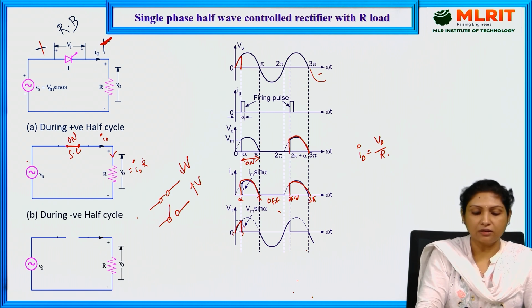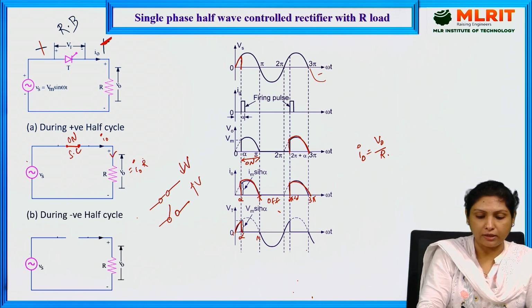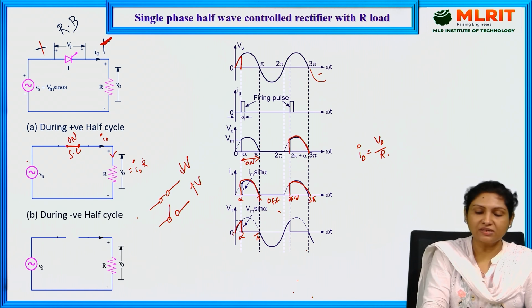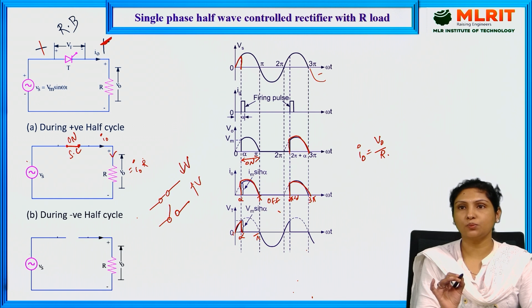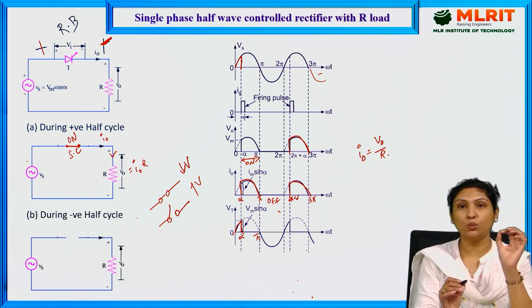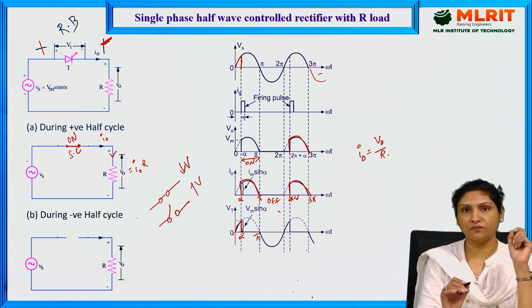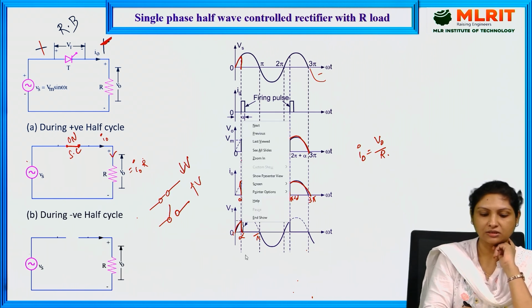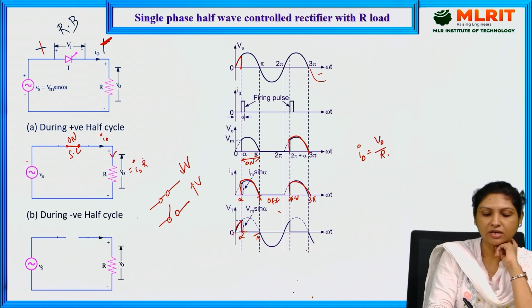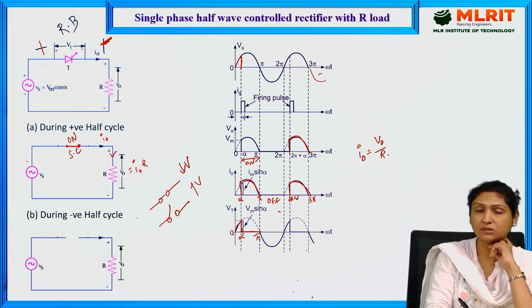From alpha to pi, the device has come into the on state, and the voltage across the device is very small, equal to the on state voltage drop of the device, which is almost negligible. So the moment we trigger the thyristor, the voltage across it comes down to almost zero.